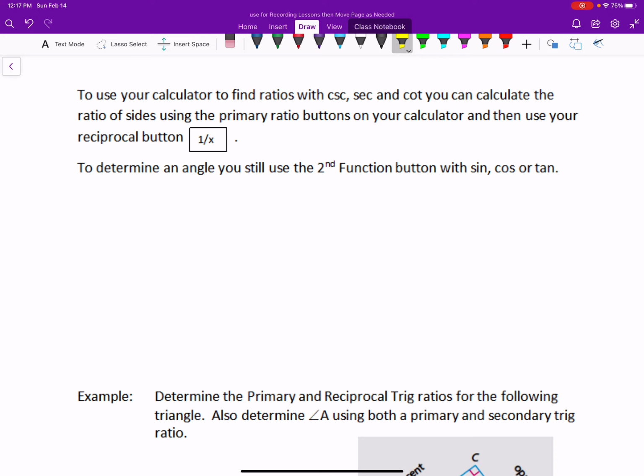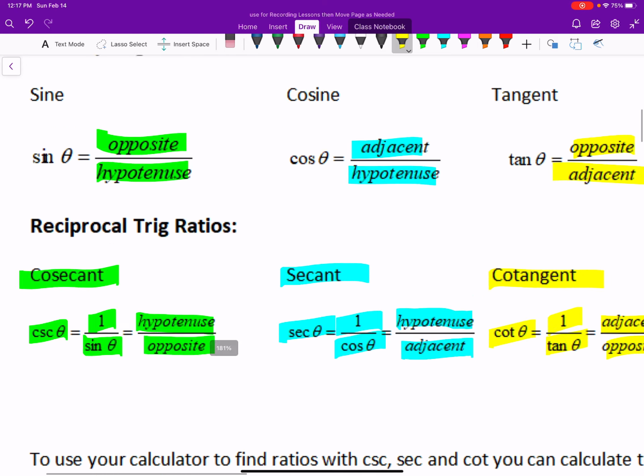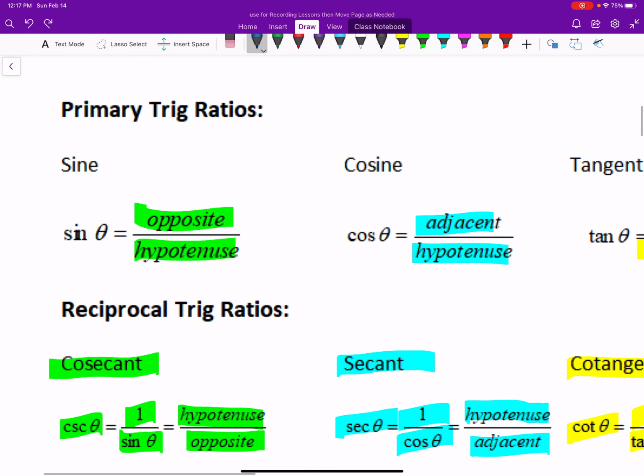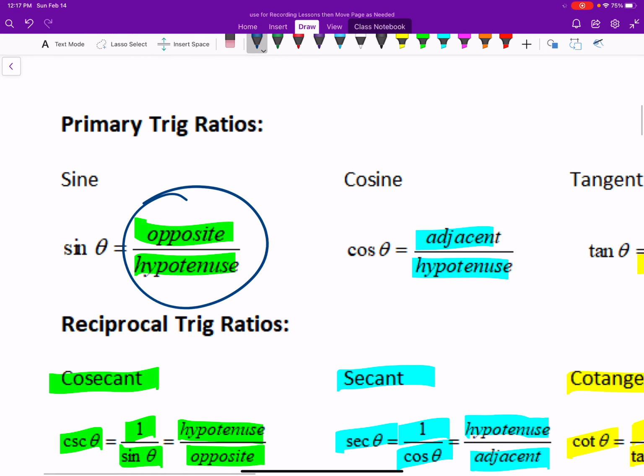So we've seen how we can use our calculators to find these ratios. When we do it in our calculator, it always spits out just these decimal numbers. And so it's easy to forget that these decimal numbers are the results of dividing two different side lengths together. So if I type in something like sine 30 or sine 50 or sine 76, different degrees, the number that pops out would be the ratio of, for sine, the opposite side length over the hypotenuse.